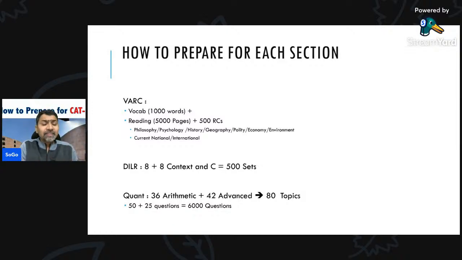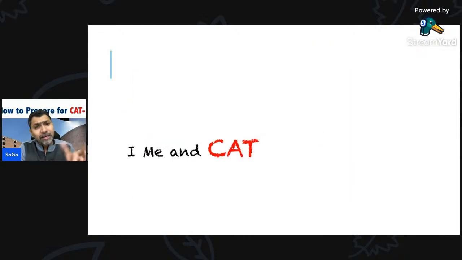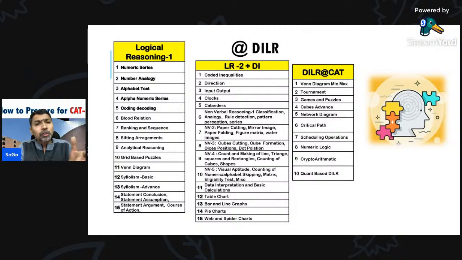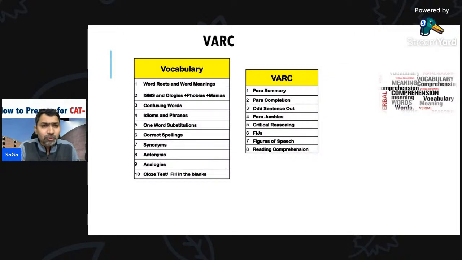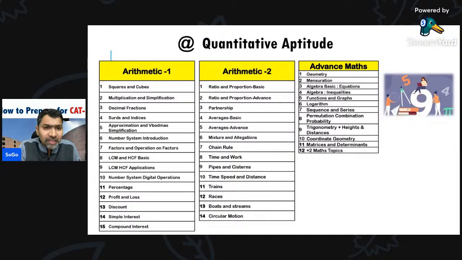Then same way, the topics that I mentioned in your arithmetic, quantitative aptitude, these are the topics, right? There are 30 topics in this quant, and then 12 topics in this, right?